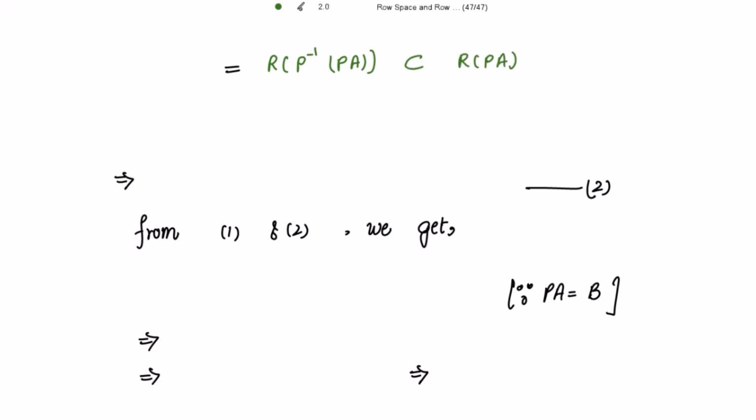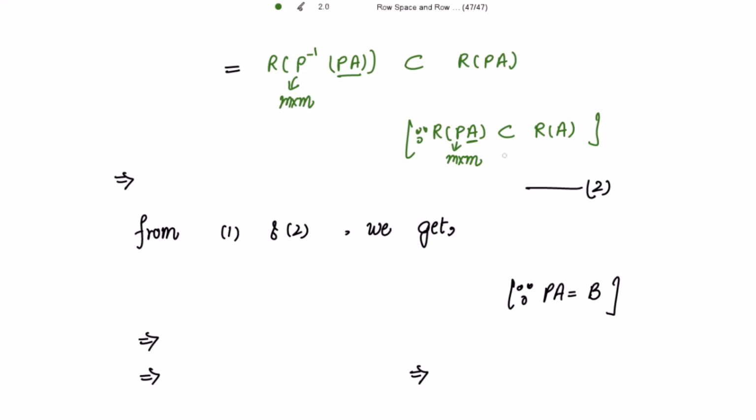By using the first result, yes, what is the result? If row space of PA is a subset of row space of A, this is the first result, right? Where this P is your m by m matrix. Now here I am having A with P, and P is an m by m matrix. Here I'm having PA with P inverse, and this is also an m by m matrix.